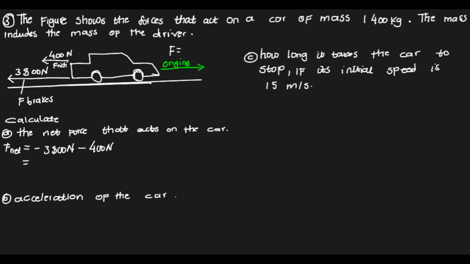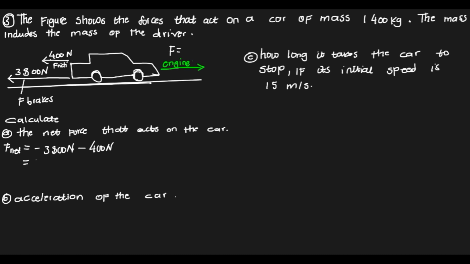The reason why these two forces have a negative sign is that they are pointing in an opposite direction compared to the engine, or they are moving toward the negative x-axis. So the friction and the force produced by the brakes must always have negative signs. And we know that whenever we have negative signs, we add and maintain the signs.